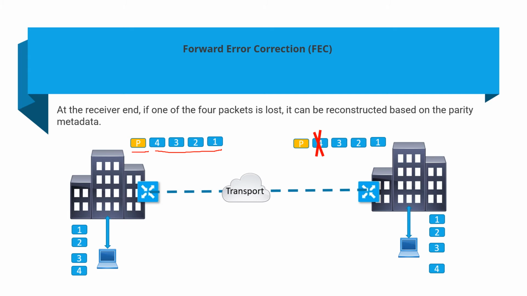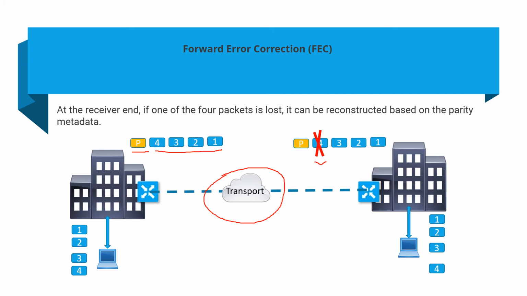So when I'm sending this flow over the SD-WAN tunnel, I might have some lossy link in between. Maybe this is all internet infrastructure. And I lost this packet, which is the fourth packet. So I still got packets 1, 2, 3 and the parity bit. So based on the parity bit, I can reconstruct this lost packet.